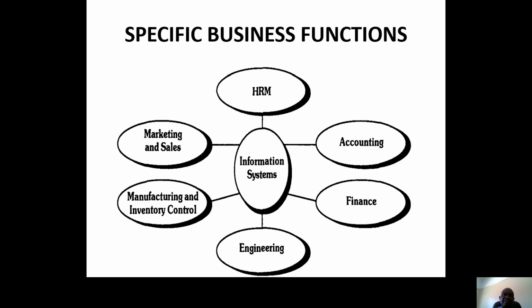All right. Specific business functions, look at that: human resources, accounting, finance, engineering. But don't forget, e-procurement is an information system which can be in that diagram as a subsystem of management information system.